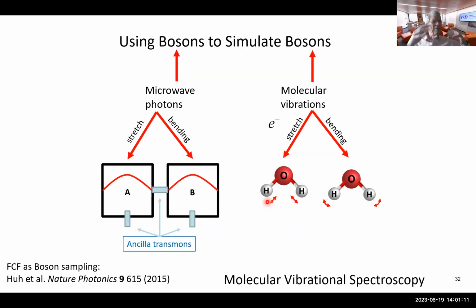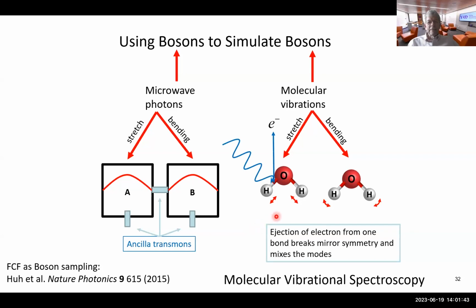But, in terms of dimensionless parameters that you calculate in the simulation, you can use this very simple object, which has two microwave resonators, a beam splitter connecting them, and two ancilla transmons. And we're going to calculate certain features of the photoionization spectra of these molecules following this proposal.